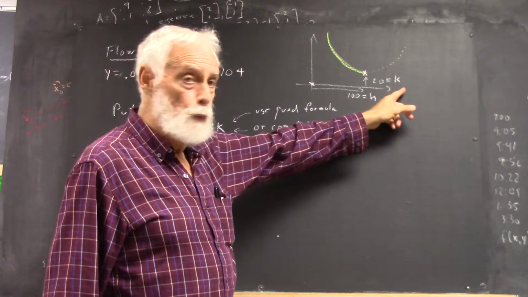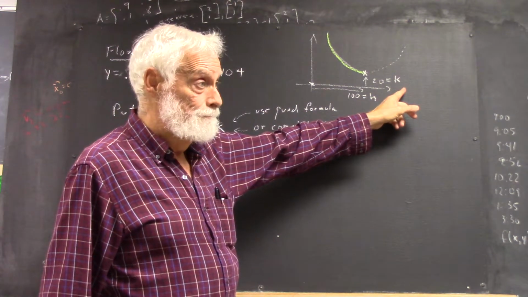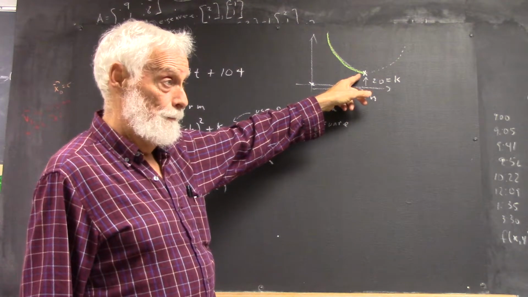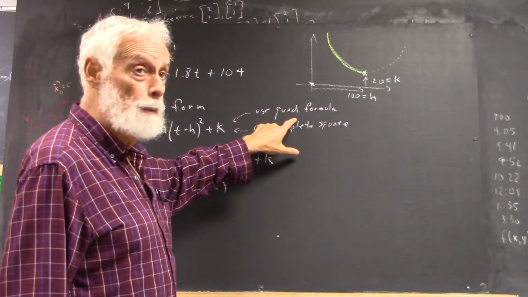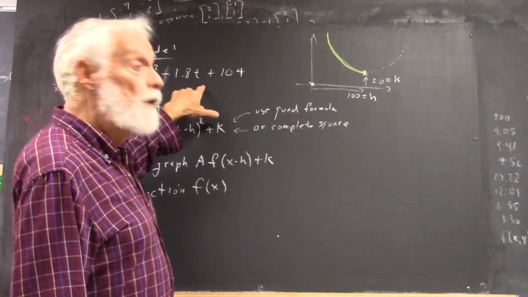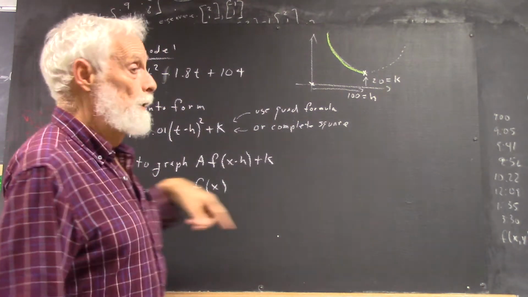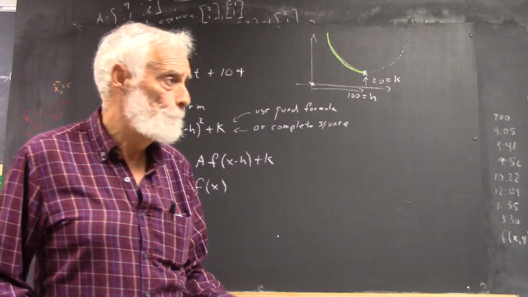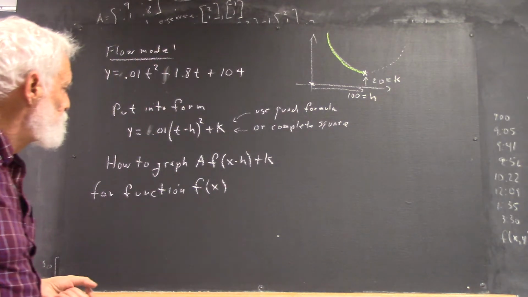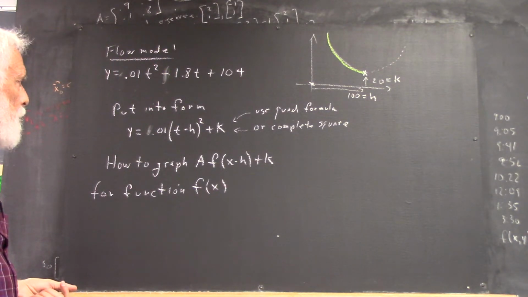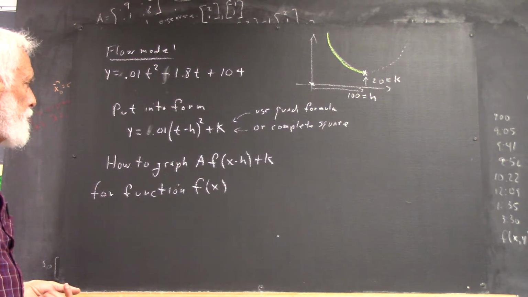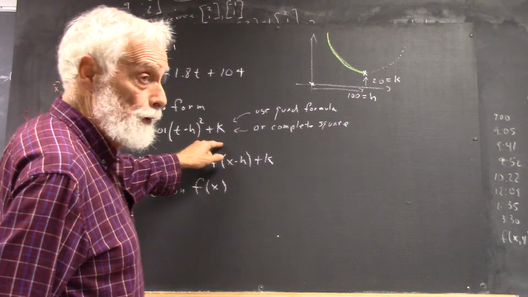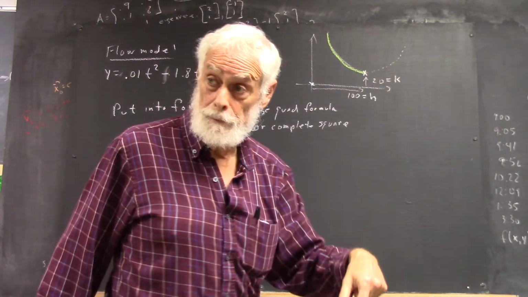That will be your H, that will be your K. Wherever the vertex of this thing is, you can tell what H and K are. And you can use the quadratic formula in a fairly straightforward way to find the vertex. We're probably not going to have time to tell you how to do it, but it's straightforward enough. If you complete the square, you can figure out what H and K are. You can figure out what these numbers would really be.